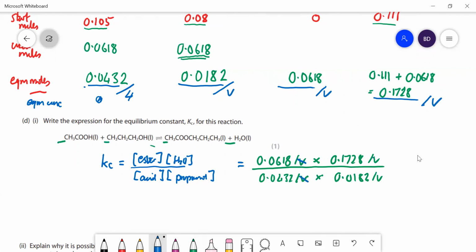That's not the case if you have a different number of moles. This equilibrium constant is going to have no units. And whenever you've got the same number of moles, the volumes will always cancel out.